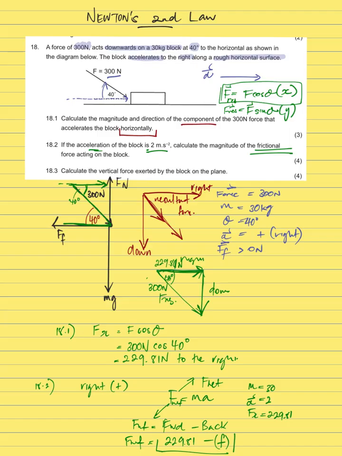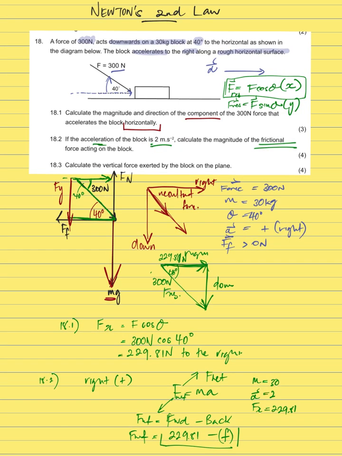So technically speaking, if I just use this other color, over here I've got down, so my Fy. And over here, I've also got down, which is my mg. But do I have anything that's going up? Only the force of the normal.